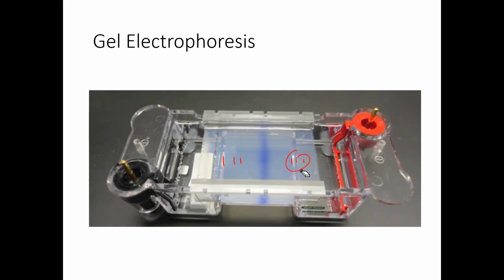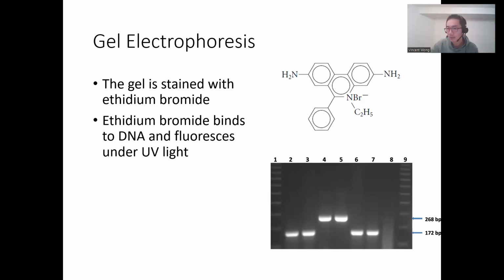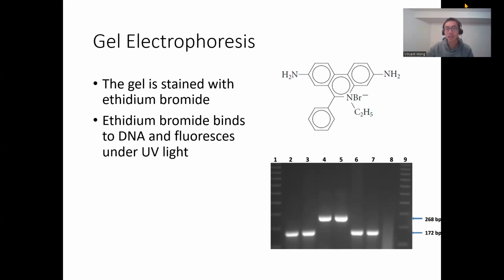So how do you see the DNA then? Well, it turns out you have to stain the gel. Afterwards, you literally take the gel out, okay? And then you put the gel in a solution called ethidium bromide.